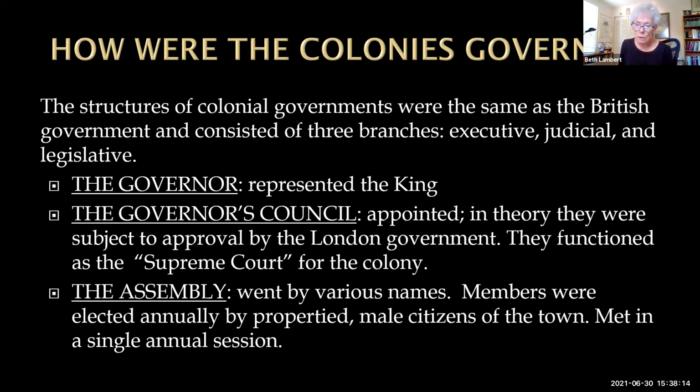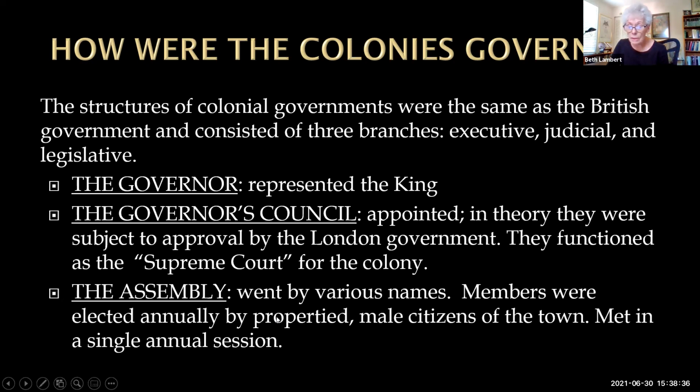The House of Lords functions as the Supreme Court in England. Then colonial assemblies went by various names. Members were elected annually by propertied male citizens of the town in a single annual session.